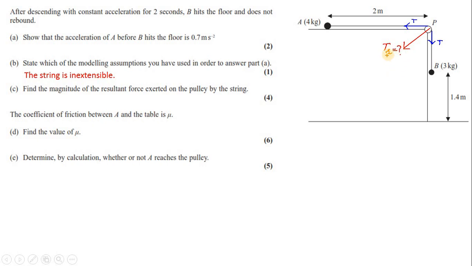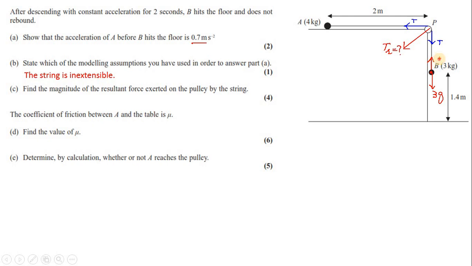So for TR, we need to find T. And how do we do that? We are going to consider the motion of particle B, because this particle is accelerating downward. For particle B, its weight is acting down, which is of course 3g, and the tension will be acting upward like this.